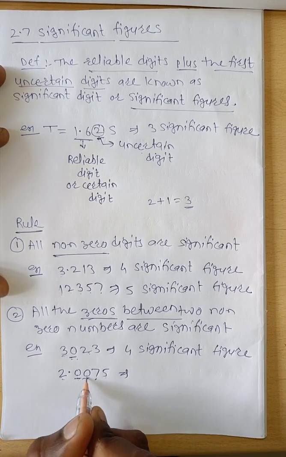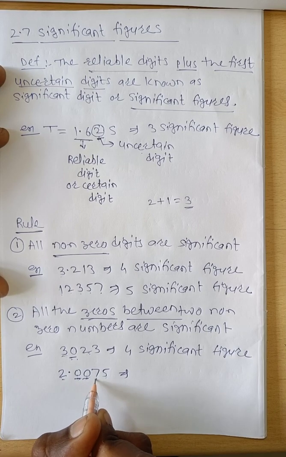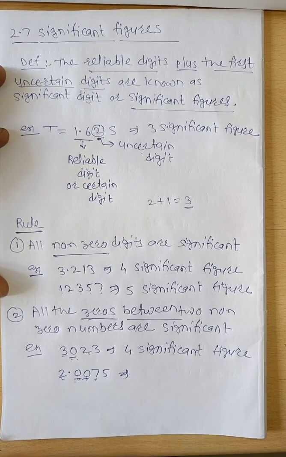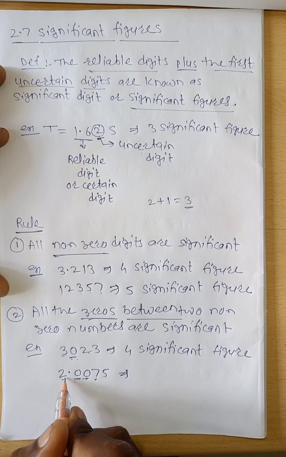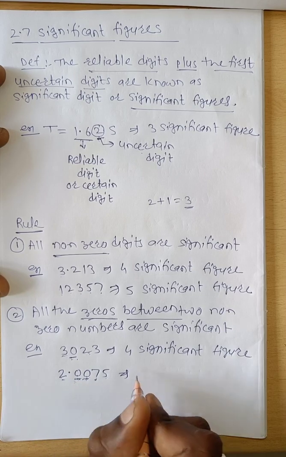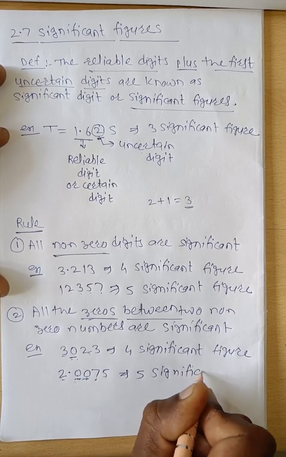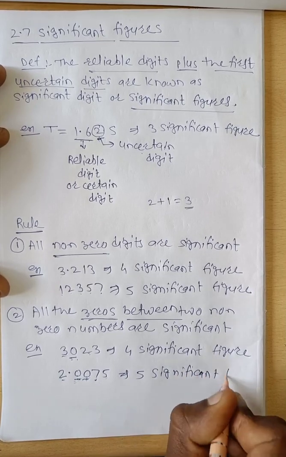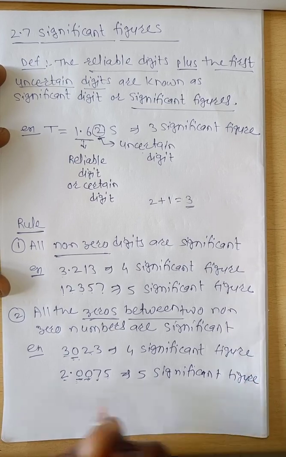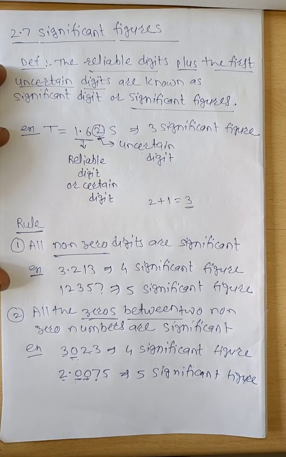The number 2.0075 has 5 significant figures.